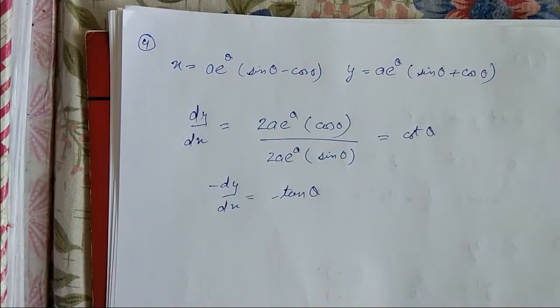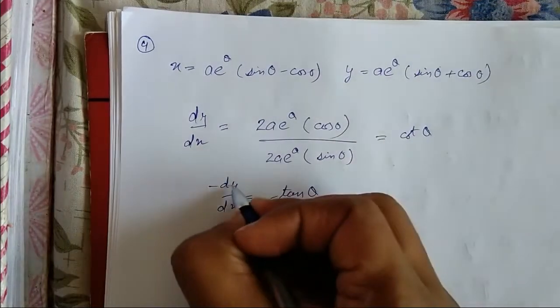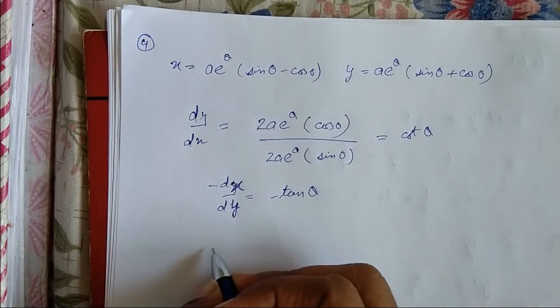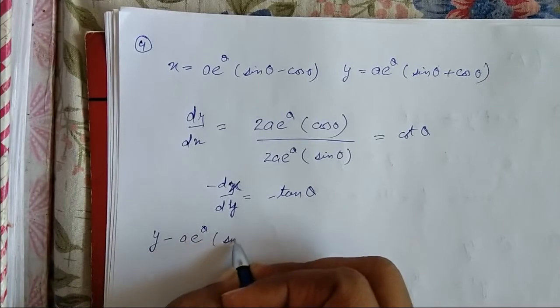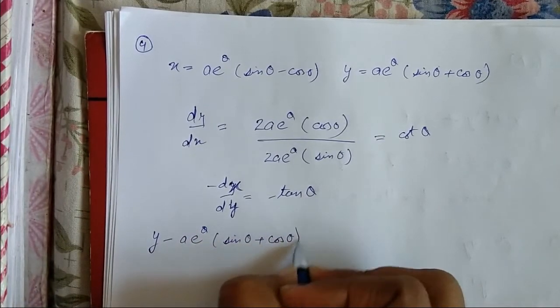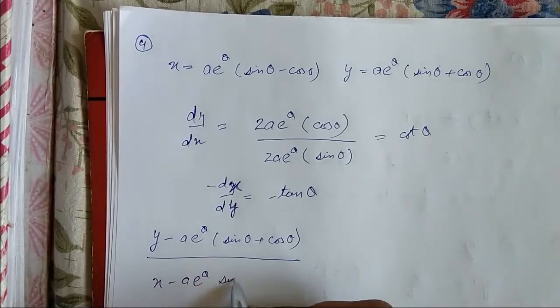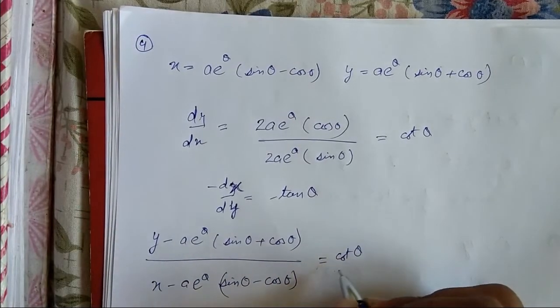Now equation of tangent can be written, since we know the slope: y minus a e power theta (sin theta plus cos theta) upon x minus a e power theta (sin theta minus cos theta) is equal to cot theta.